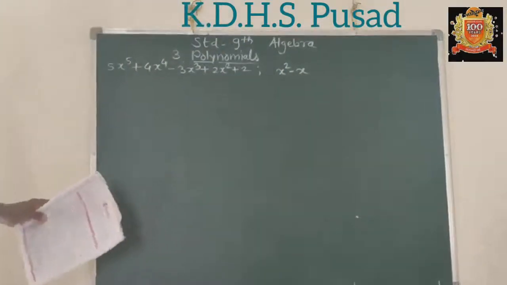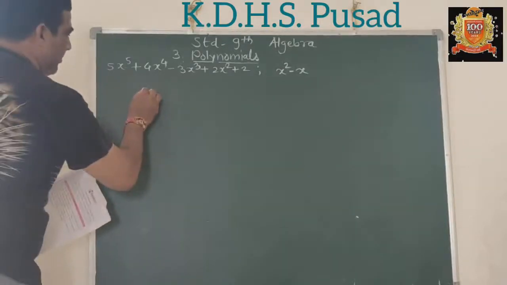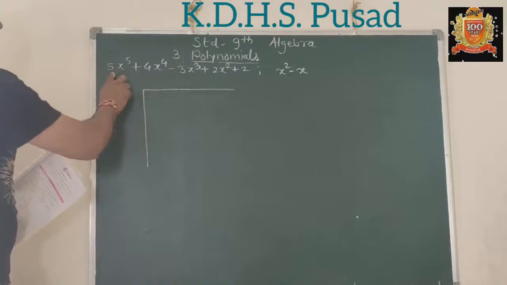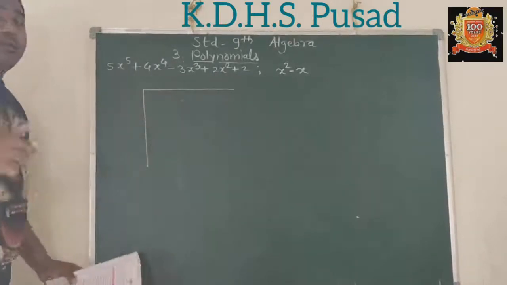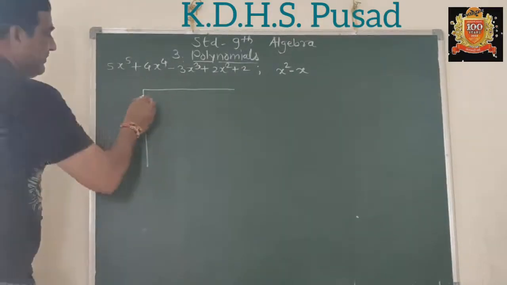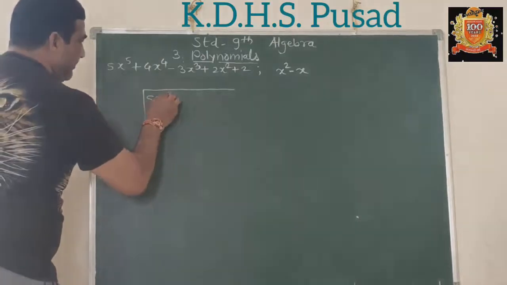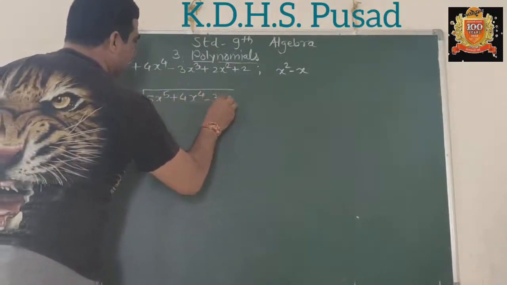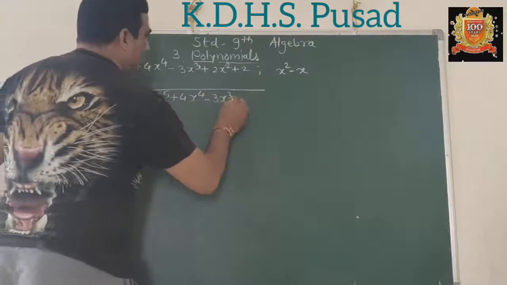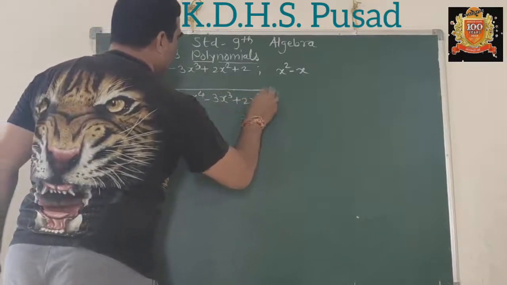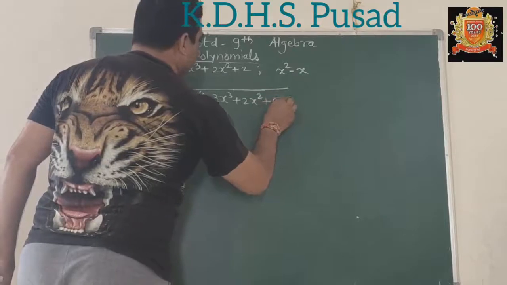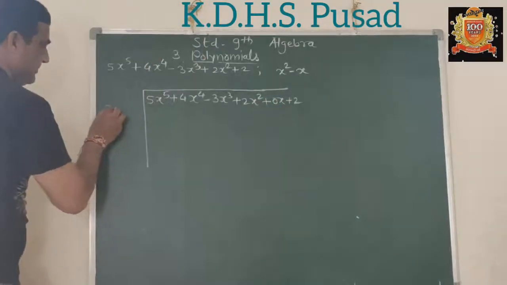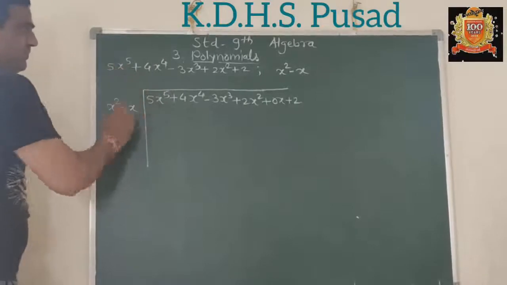Okay, no problem. So first thing that we have to perform, write the dividend in index form. So here 5x to the power 5 plus 4x to the power 4 minus 3x cubed plus 2x squared plus 0x plus 2, and then here your divisor.